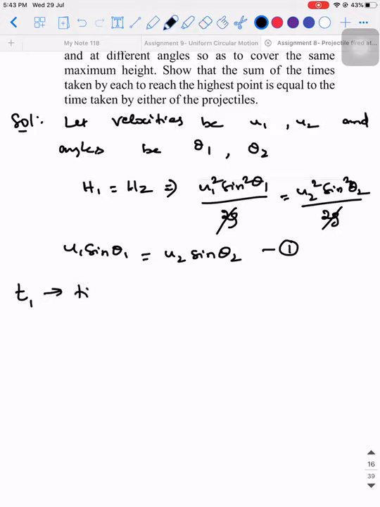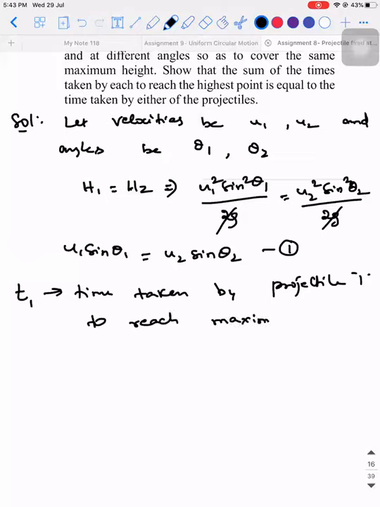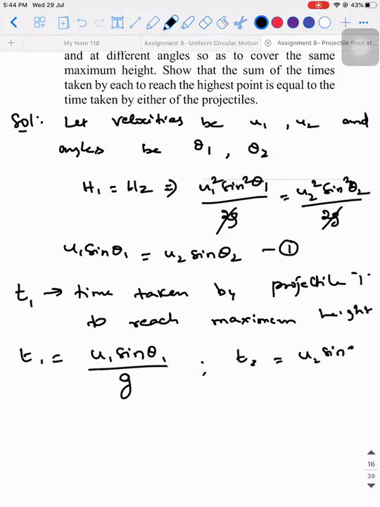T1, time taken by projectile 1 to reach maximum height. What will be the value of T1, guys? The time of ascent is equal to time of descent. You guys know this concept, right? Yes, sir. So T1 will be u1 sine theta 1 divided by g, and T2 will be u2 sine theta 2 divided by g. Accepted?